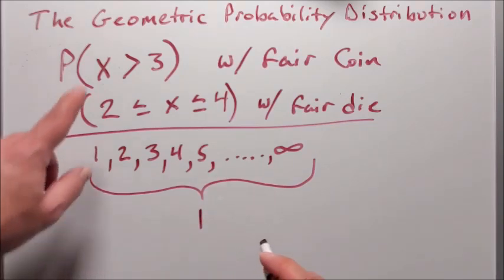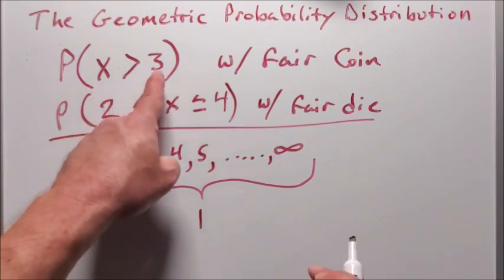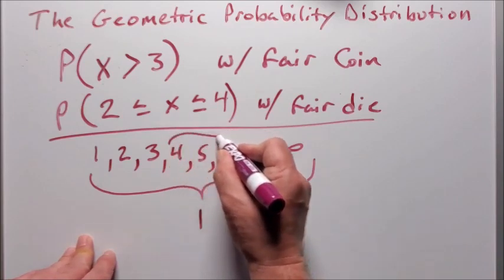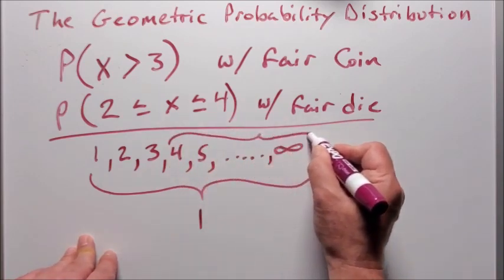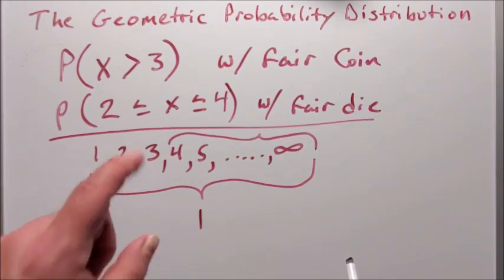So what are we going to do to answer this question? Well, if we're being asked the probability that x should be greater than 3, we want the sum of these probabilities. What we don't want are those probabilities.